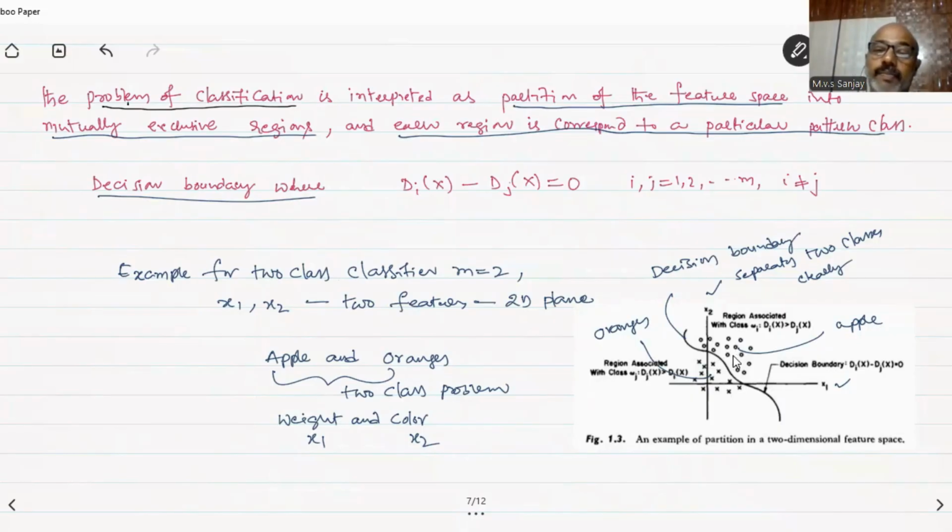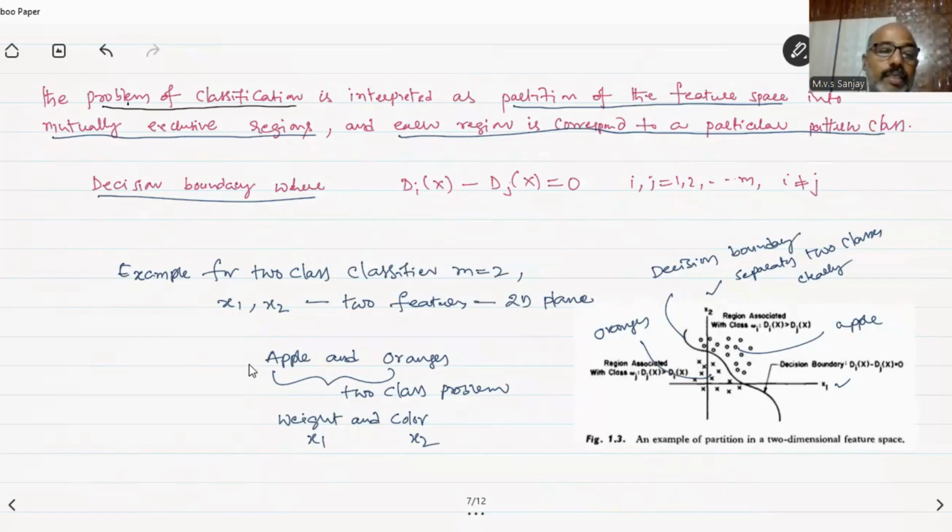There are two classes. One class is represented by circles, the other class by crosses. There is a curve which is called a decision boundary. Above the decision boundary, we say one class; below the decision boundary, the other class.